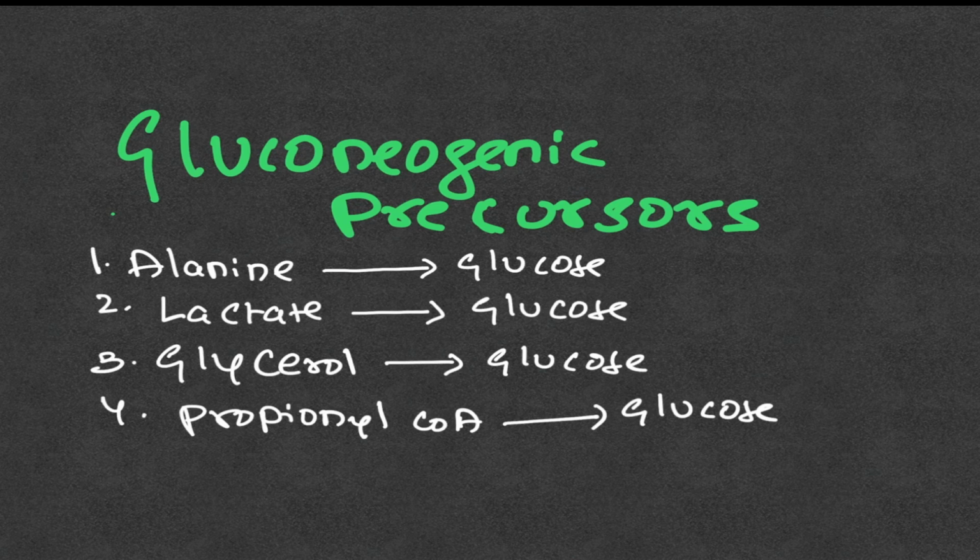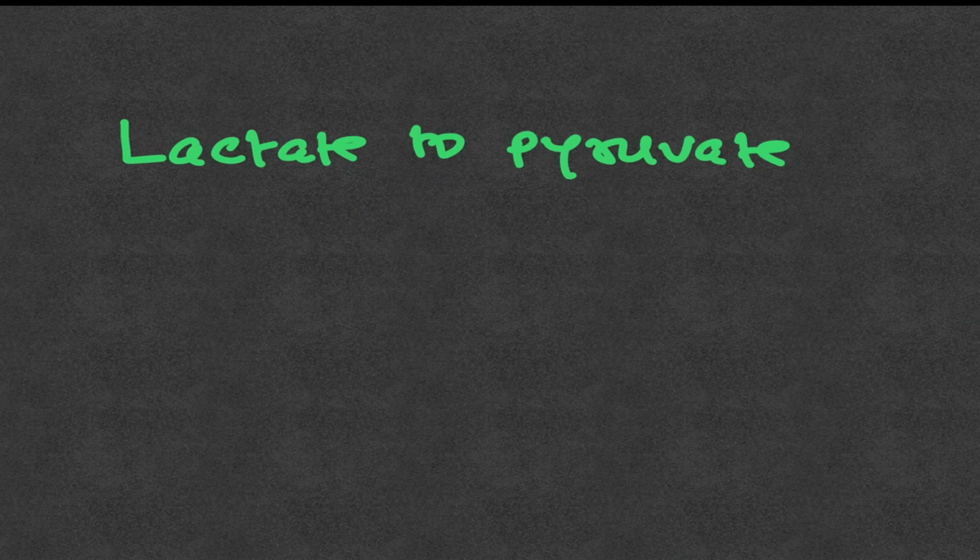We are going to see how exactly alanine, lactate, glycerol, and propionyl CoA are converted to glucose. Let us see how lactate is converted to glucose. In order for lactate to convert into glucose, the first thing is lactate has to be converted into pyruvate.